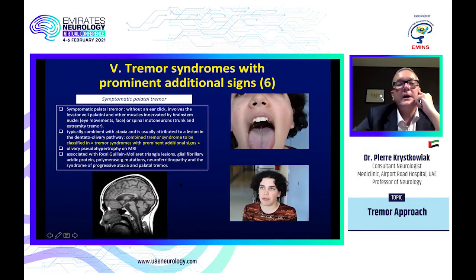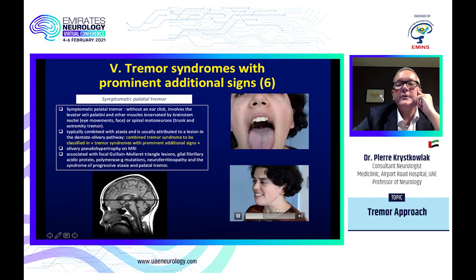And it's typically combined with ataxia. Here you see the palatal tremor, and here a focus on some tremor in the neck muscles. In this tremor, you have abnormal MRI with olivary pseudohypertrophy.